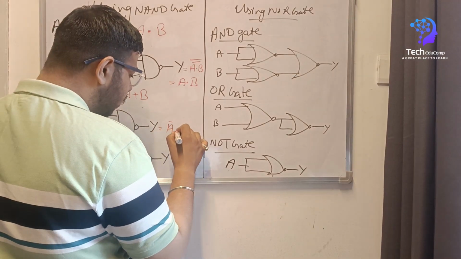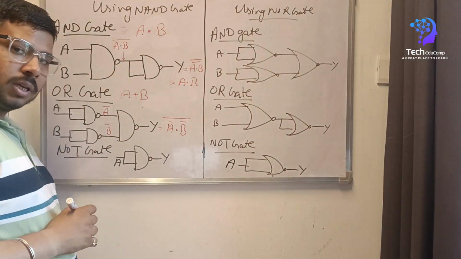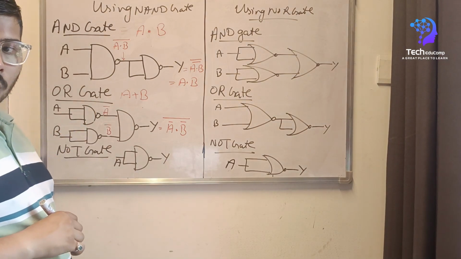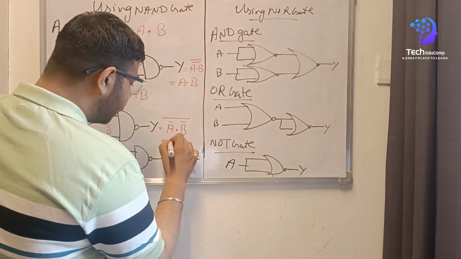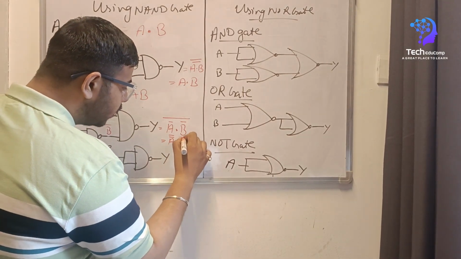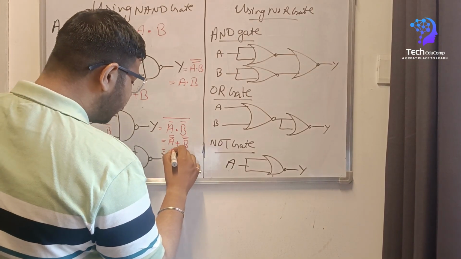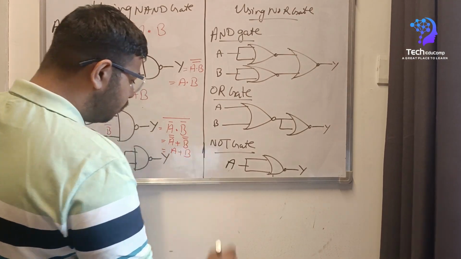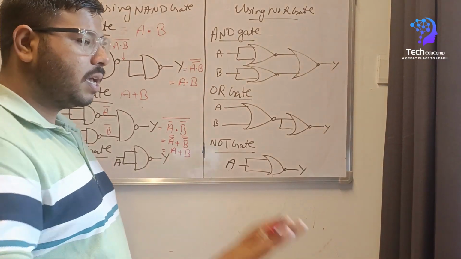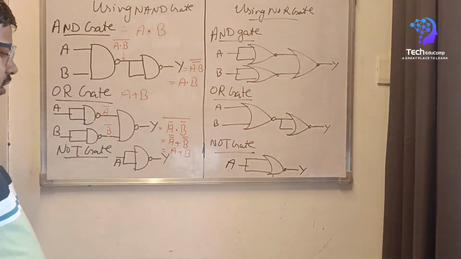We will get A bar dot B bar whole bar. Now using a theorem called De Morgan's theorem, we'll get A bar bar plus B double bar. Now this double bar will get cancelled and we'll get A plus B. Okay. Now what does De Morgan's theorem say? Leave it for now. We will discuss this in another lecture.